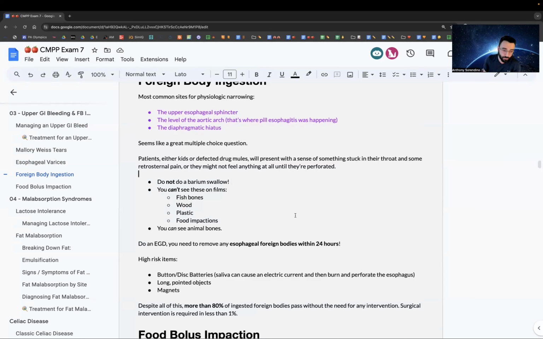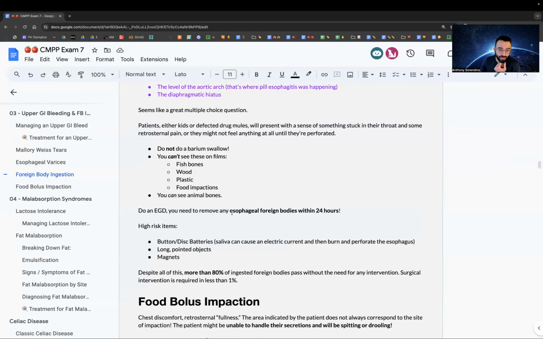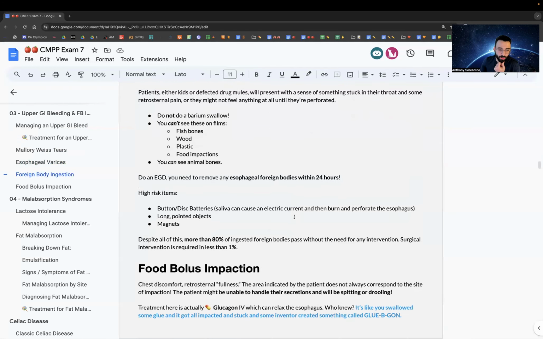You do not want to do a barium swallow. You cannot see fish bones or wood or plastic or food impactions. You can see animal bones. So you want to do an EGD to remove any foreign bodies within 24 hours. So I could definitely see that being a question. You need to remove any foreign bodies within 24 hours.